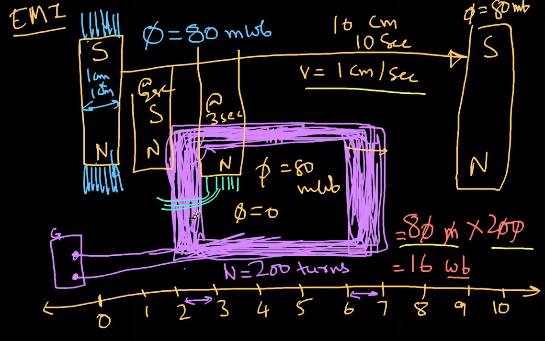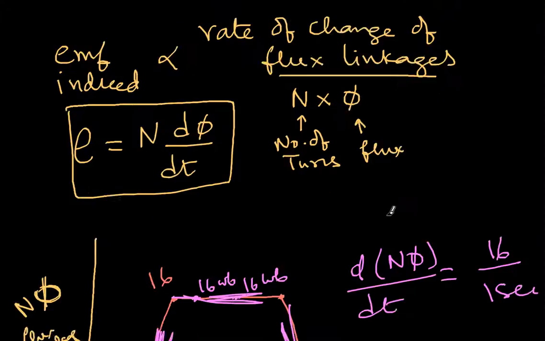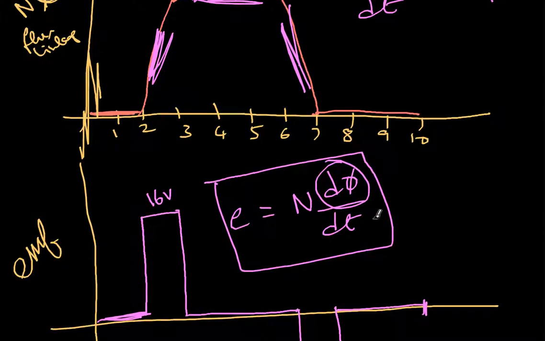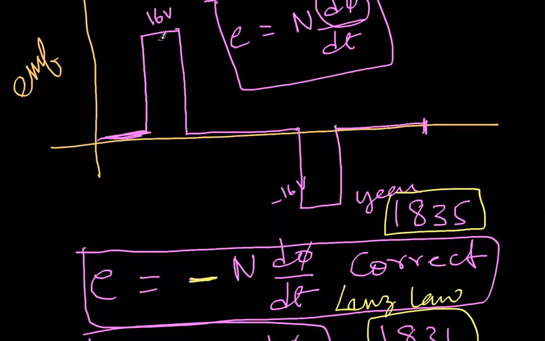This flux linkage will induce some EMF. 16 webers is the change in flux linkages in 1 second, so 16 volts is the EMF induced. That is the magnitude, which is what we did in this calculation. So here 16 volts are induced.